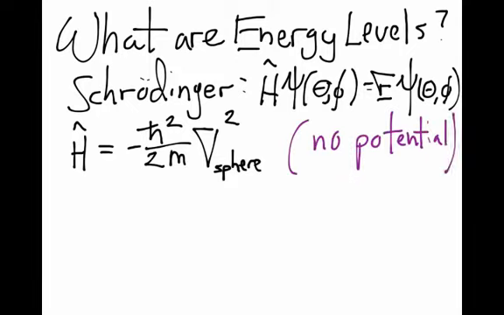Aside from the fact that this thing is doomed to forever rotate in a circle, in those coordinates theta and phi, it's a completely unconstrained rotator. So it's just a second derivative. The only issue is that second derivative, the Laplacian, is a wee bit involved in spherical coordinates.